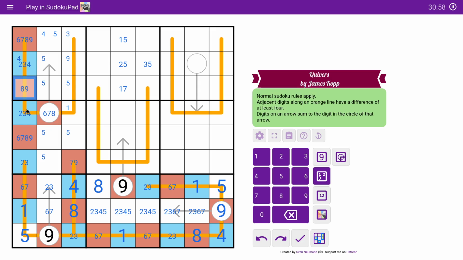Eight. Why did I say that's a 6? Ah, because 1, 7 here. 8, 1, 7, 9, 6, 2, 3, 4, 8, 8, 1, 7. It all works.